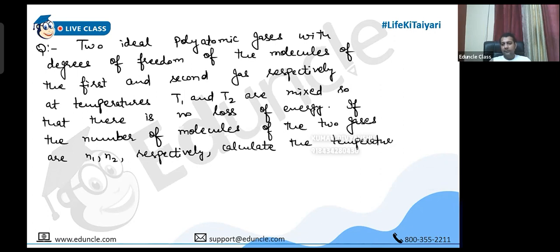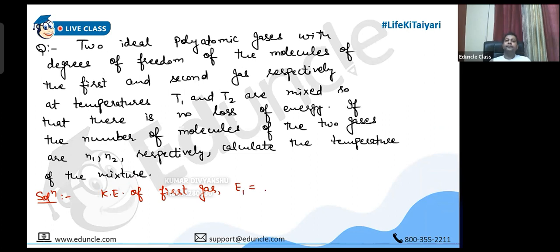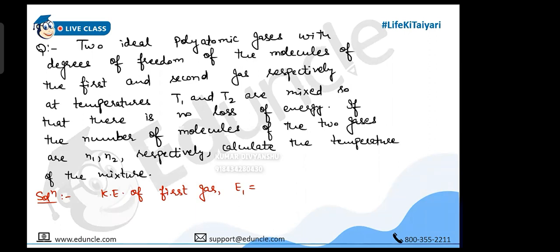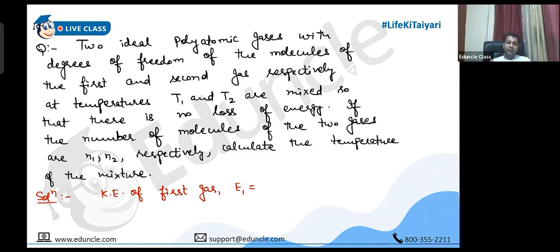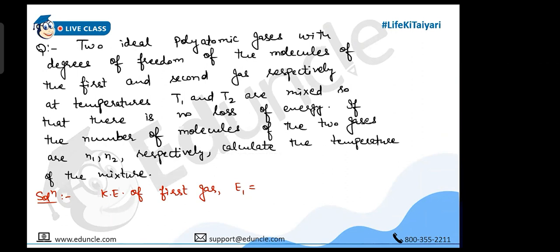Now what about the first gas? What will be the energy of the first gas? Very easy, just like the earlier one. N1 kB, 3 by 2? No, why should it be 3 by 2? The gas is polyatomic. 5 by 2? That is for diatomic.